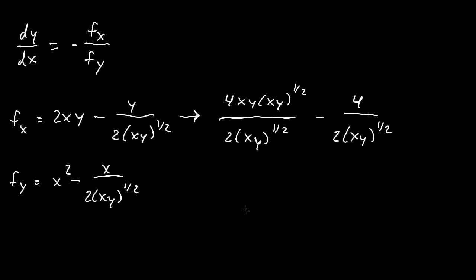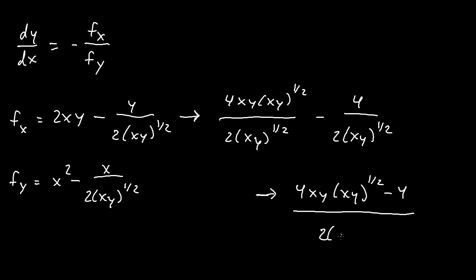And so to combine into one single fraction, I can put it as 4x times y times xy to the 1/2, or the square root of xy, minus 4 over the same denominator, 2 times xy to the 1/2.